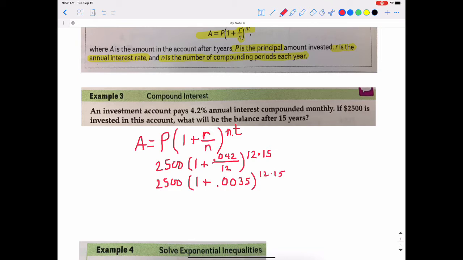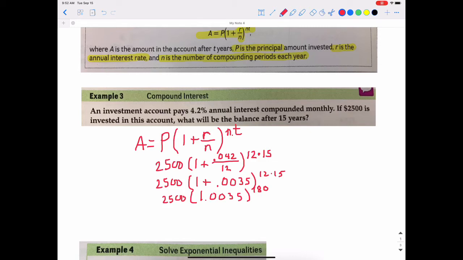And then 1 plus 0.0035 would be 1.0035. And 12 times 15, I'll go ahead and do that. That is going to be to the 180th power, which means this is almost impossible to do without a calculator.